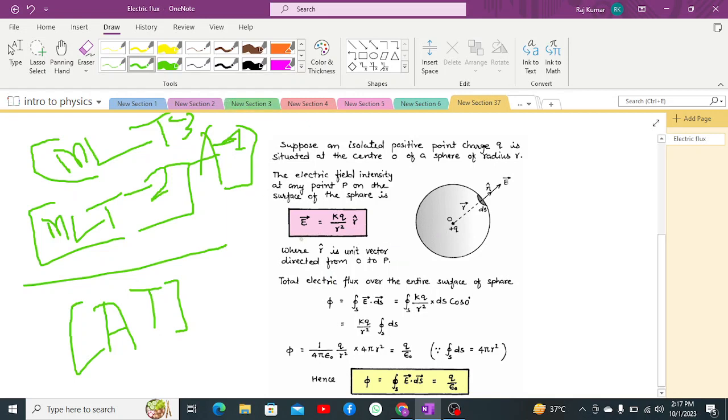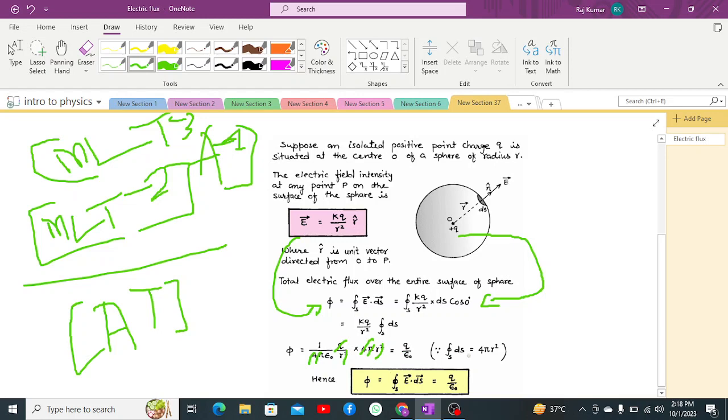Now when we put in the value of electric field intensity, and we know that the area of the sphere is 4 pi r square, then on simplifying, 4 cancels with 4, pi cancels, r square cancels with 4 pi r square, and we get q upon epsilon naught.